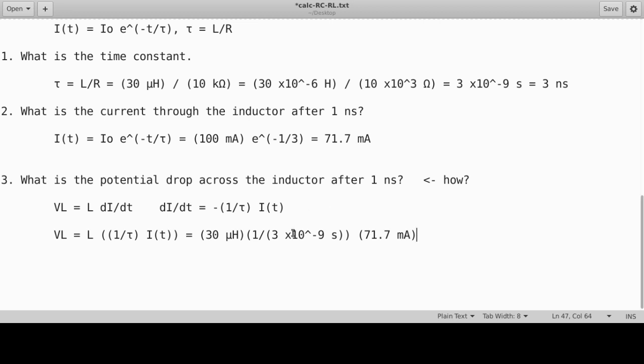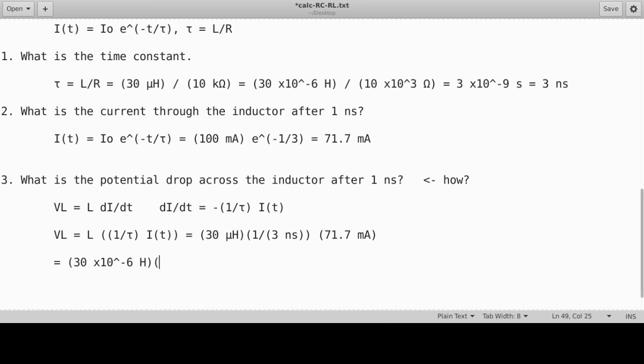And you know what? Let me do this systematically, show you how the units work. To be very, very careful. Okay. So what I did was I just plugged in everything with the units the way they are, not necessarily MKS. And on the next line, let me switch everything to MKS. Okay. So that 30 microhenries, the micro, times 10 to the minus 6, okay?